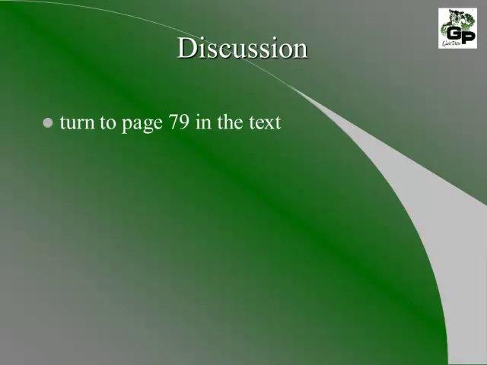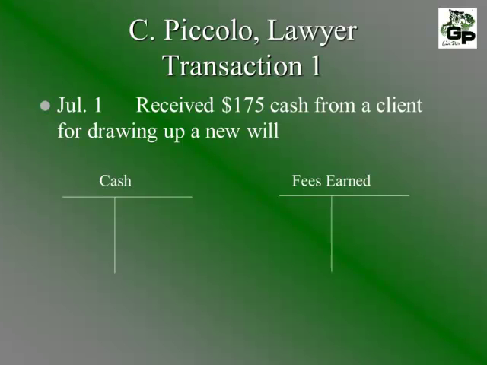Let's turn to page 79 in the textbook. Here we're going to take a look at some transactions that we might run into now that we're dealing with revenue and expenses. We're talking about C. Piccolo, who is a lawyer, and on July 1st there was a transaction where he received $175 cash from a client for drawing up a new will.